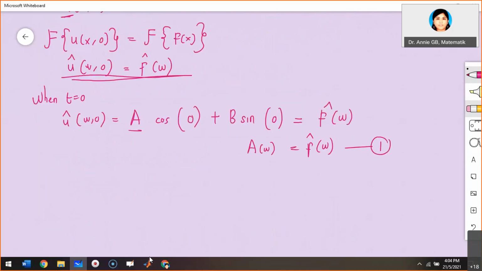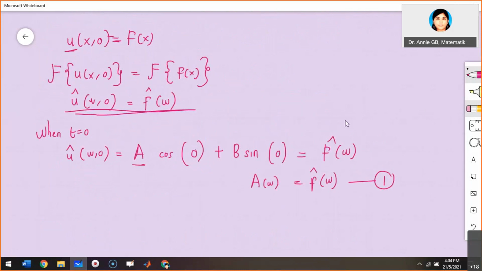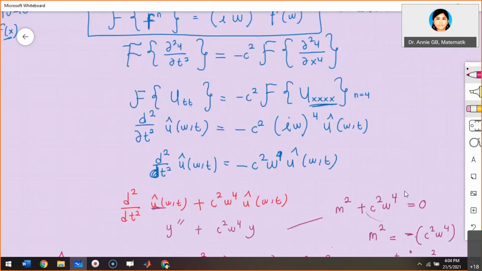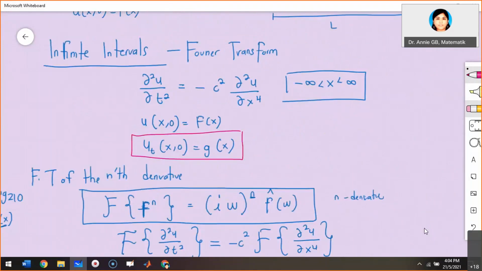That's the first condition yang kita dapat. Similarly, for the second boundary condition yang dia bagi. What's my second boundary condition? Saya nak cuba tengok. Saya dah lupa. Ni. u_t(x,0) equals to g(x). Okay, that's my second, and condition t is 0.